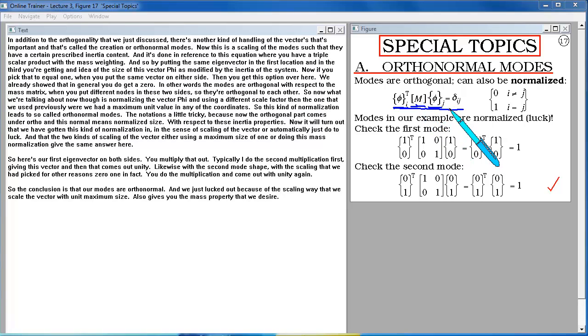Now if you pick that to equal 1 when you put the same vector on either side, then you get this option over here. We already showed that in general you do get a 0. In other words, the modes are orthogonal with respect to the mass matrix when you put different modes on these two sides. So they're orthogonal to each other.